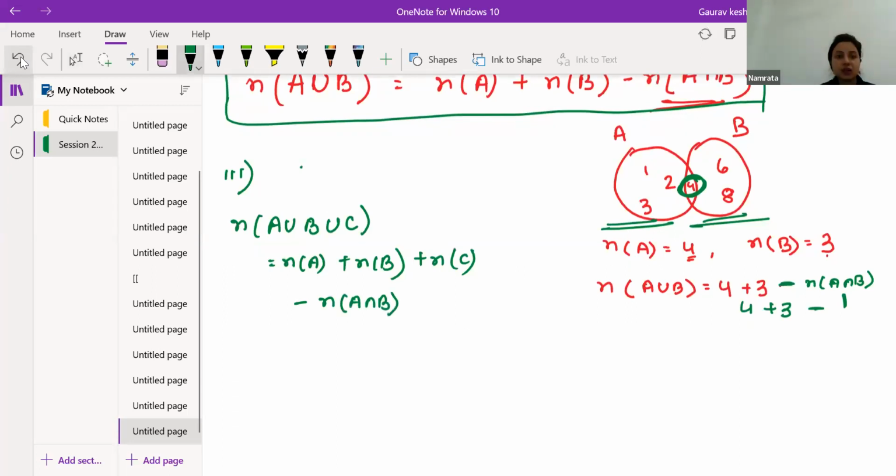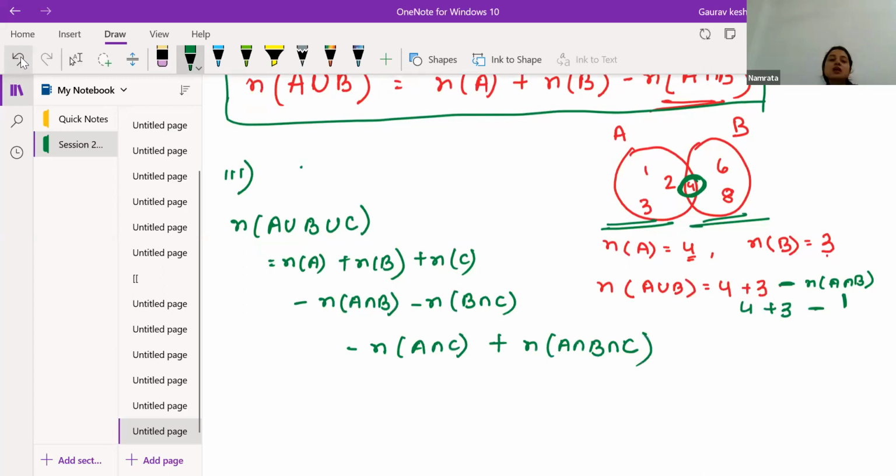We have seen in the previous example. Minus the number of elements in B intersection C, minus the number of elements in A intersection C, plus the number of elements in A intersection B intersection C. So these are the 3 formulas. Now on the basis of these formulas we will apply them. We will be doing a few questions. Let's do it.